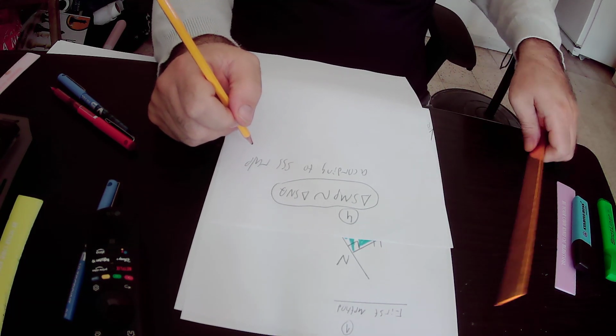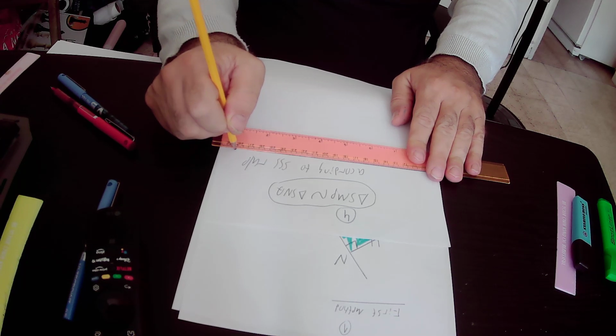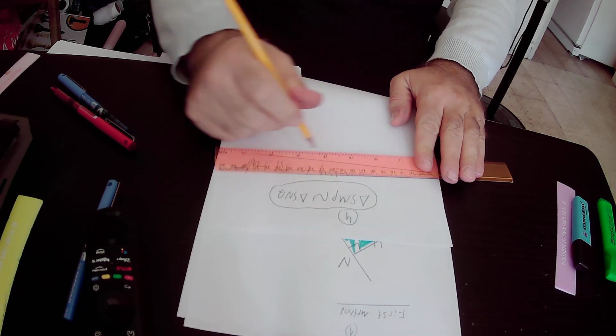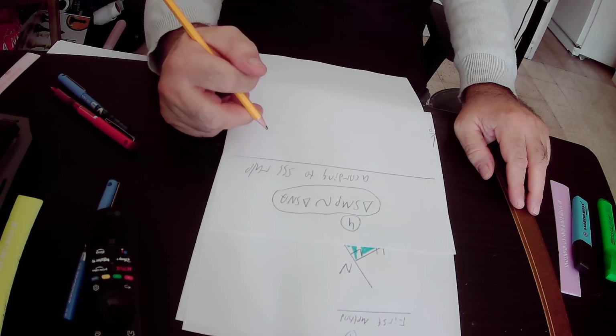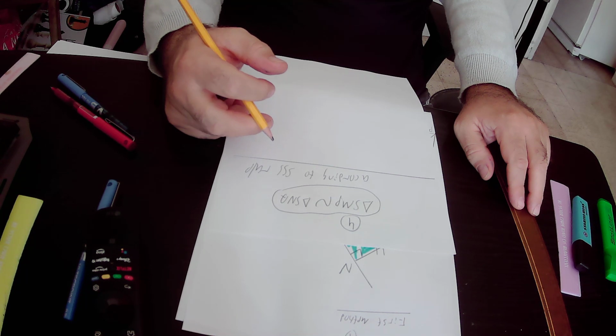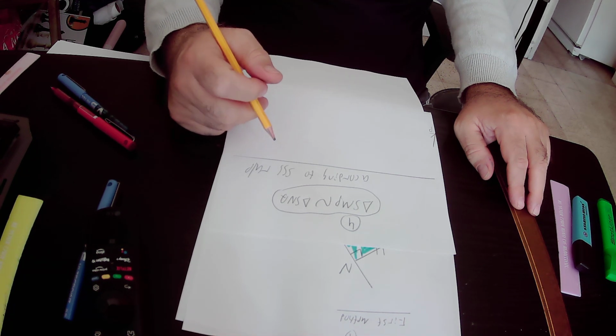So what is the side rule? The side rule states that if you prove that three sides of one triangle are correspondingly equal to three sides of another triangle, then you actually prove that those two triangles can go into each other, according to the side rule.